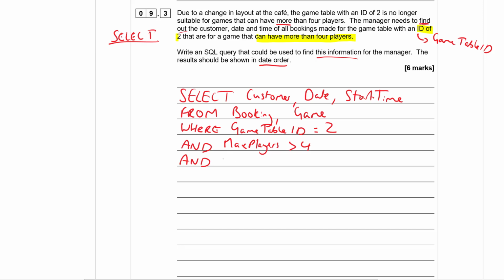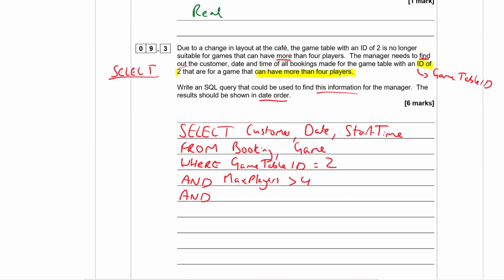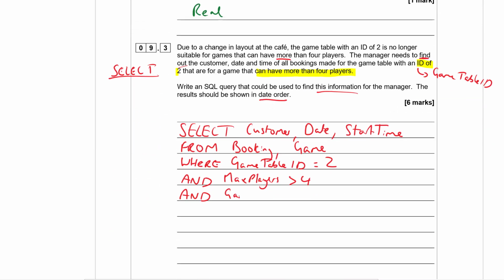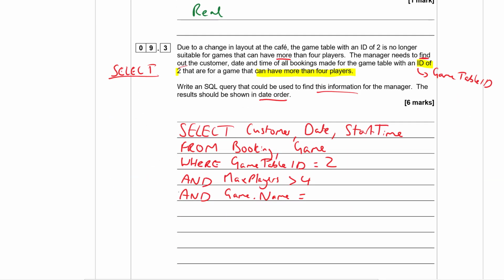And we're going to use our first table, which again, I keep forgetting the names here, is game. And we said the primary key was name, so game.name. And this has got to equal booking.name, which is our foreign key. So without this criteria, it's not able to match up the records from game with the records from booking.